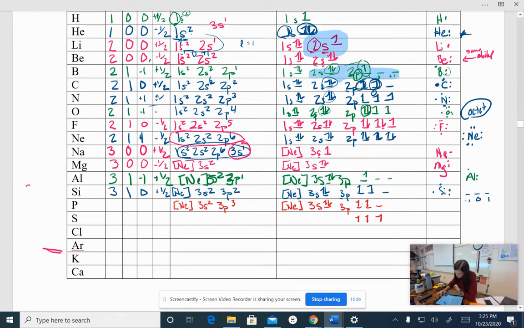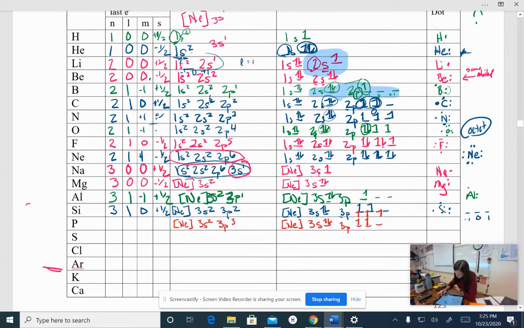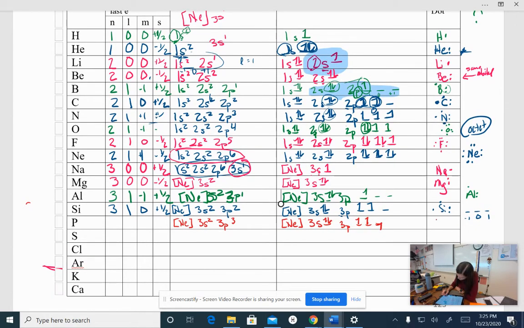So my dot picture, it's going to be phosphorus with 1, 2, 3, 4 right there. Okay? So my quantum numbers, 3, 1. I'm now in the +1 orbital, and it's a +1/2. Okay?